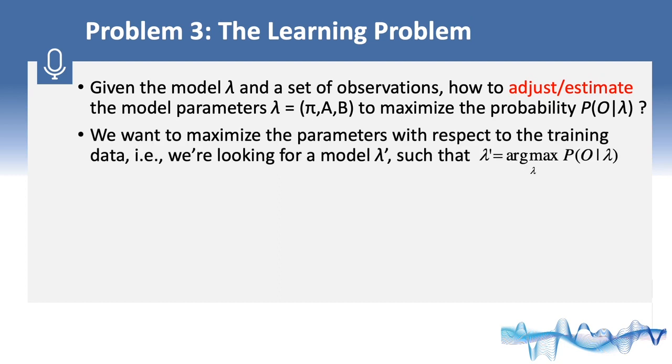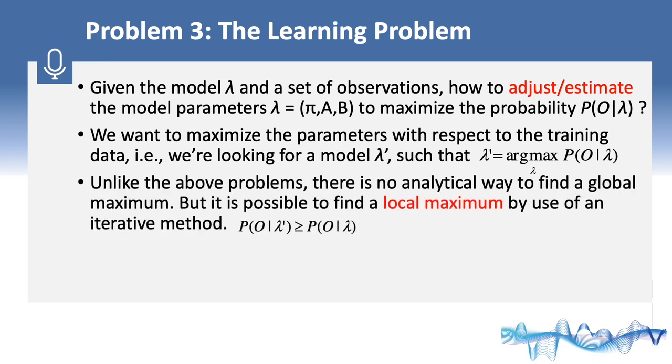We want to maximize the parameters with respect to the training data. That is to say, we are looking for a model lambda prime such that the maximum conditional probability P(O|lambda) can be reached. Unlike the above problems, there is no analytical way to find a global maximum, but it is possible to find a local maximum by use of an iterative method.